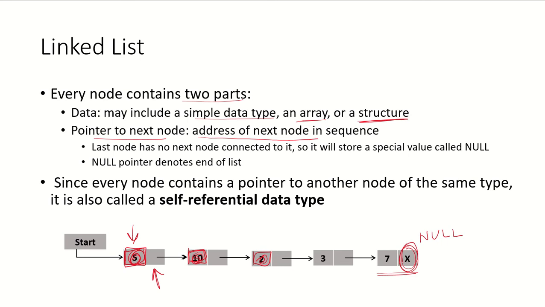Now every node contains a pointer to a node which is of a similar type. So this node n2 is similar to node n1, and n1 is pointing to a node of a similar type. So this kind of data type is also called a self-referential data type.